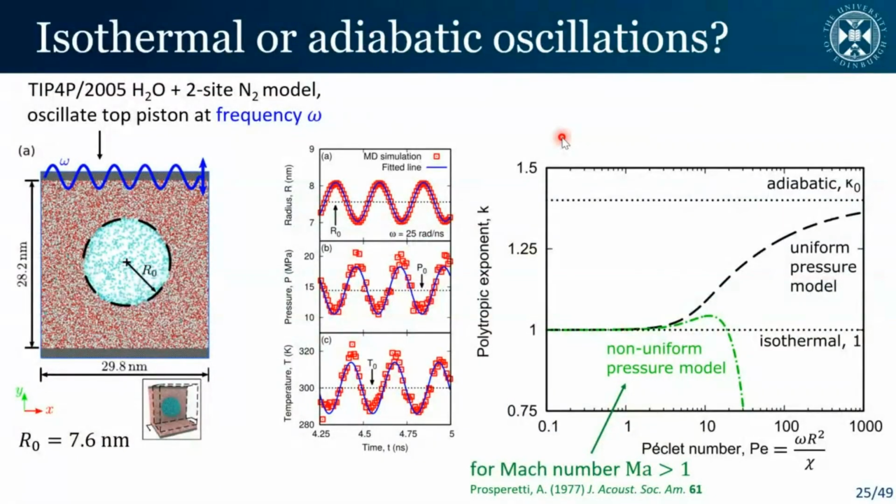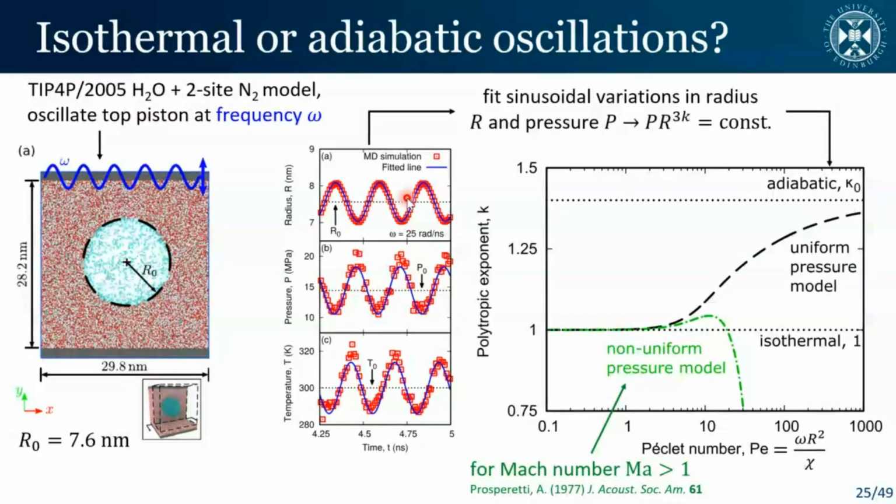So taking a step back from these surface nanobubbles, we're just going to look at a more fundamental spherical bubble case. I was discussing this adiabatic or isothermal limiting behavior, and it seemed like it was worth testing because this was in contradiction to what was being suggested from theoretical models. So again, we're going to run some cases where we have a piston that moves up and down sinusoidally, which can induce sinusoidal variation in the bubble radius, pressure, and temperature.